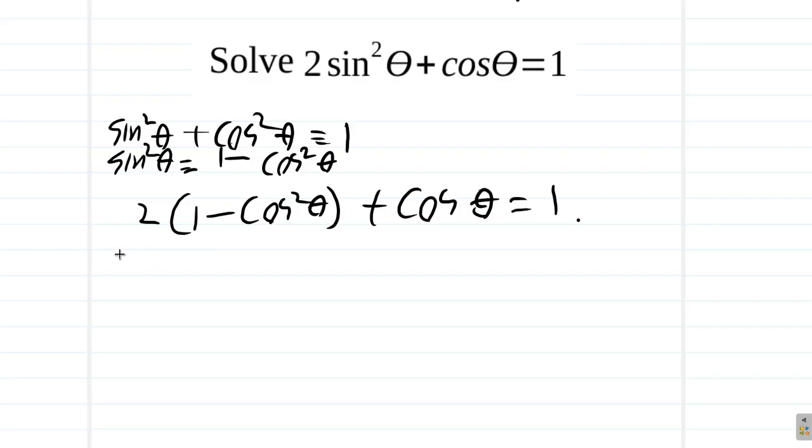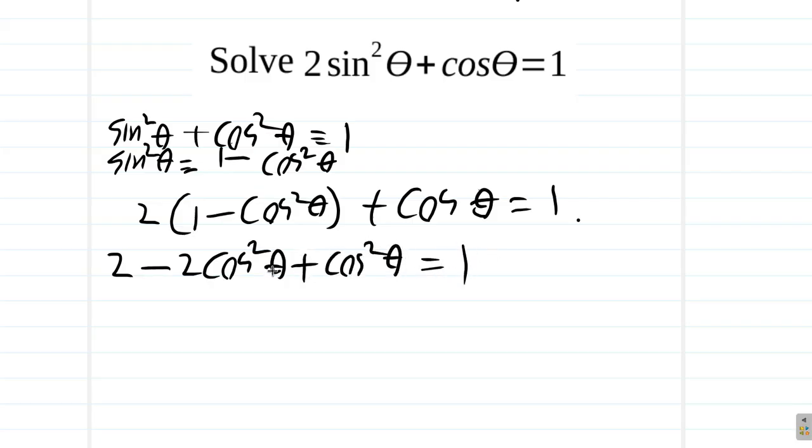So this is going to be, multiply the brackets, 2 minus 2 cos squared theta plus cos theta is equal to 1. Now, negative 2 cos squared theta plus cos squared theta would be negative 1 of it, but you can't add cos squared and cos. That was my mistake.